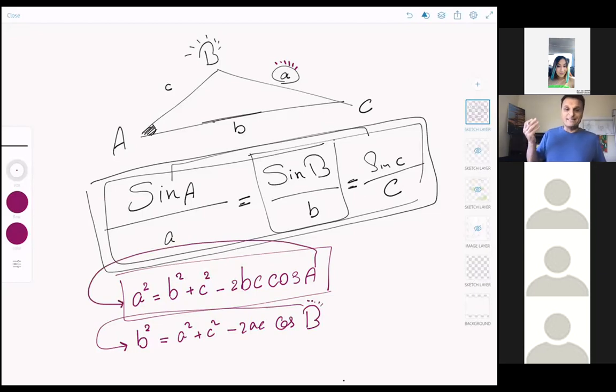And we can also say c squared equals a squared plus b squared minus 2ab cosine of C. All right.